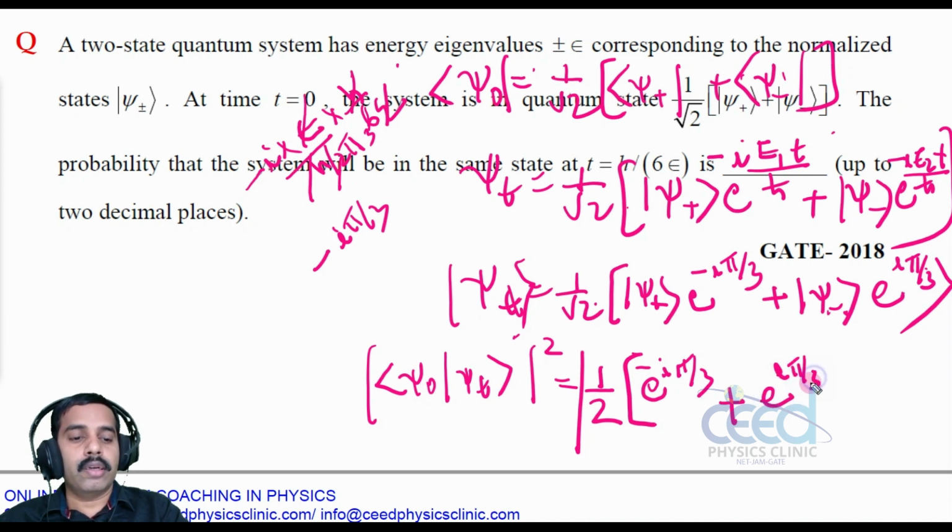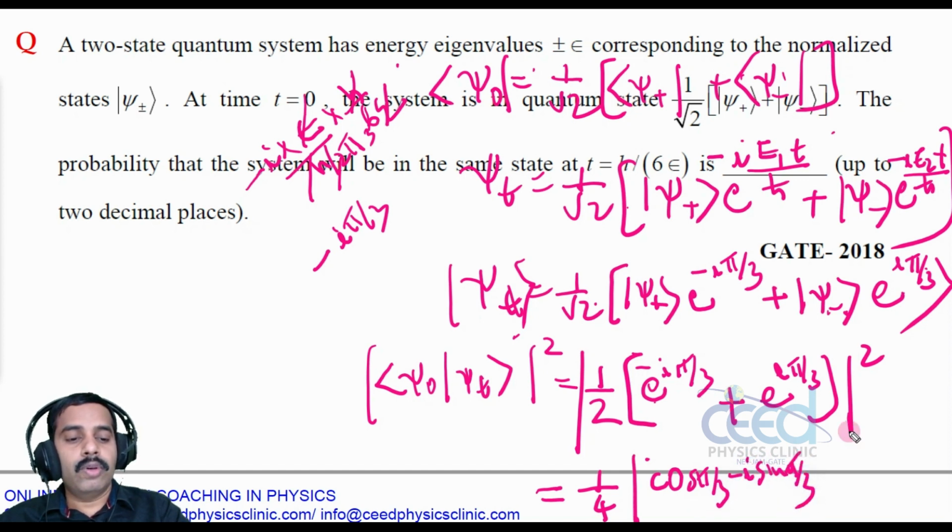Okay, whole square, that is 1 by 4 into, what is e raised to i pi by 3? That is cos pi by 3 minus i sin pi by 3, and this will be cos pi by 3 plus i sin pi by 3, right?